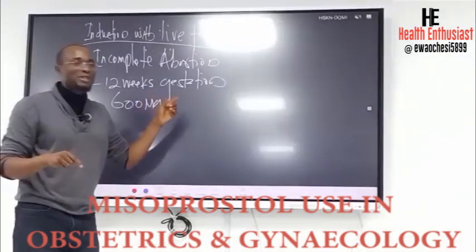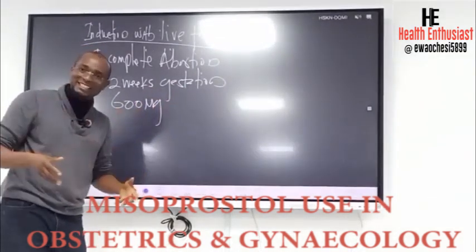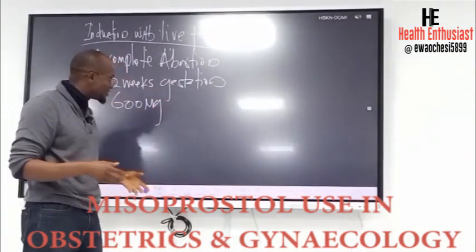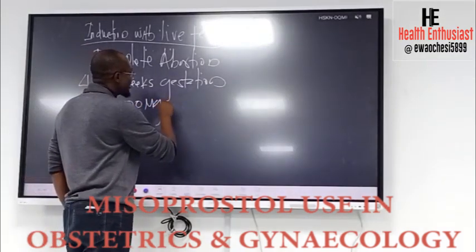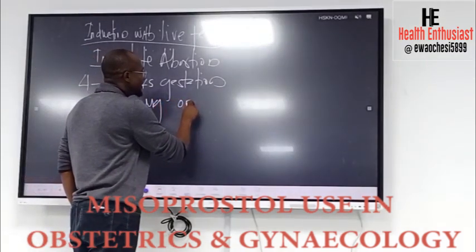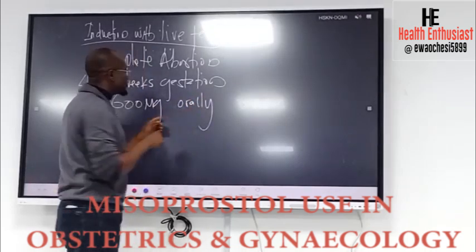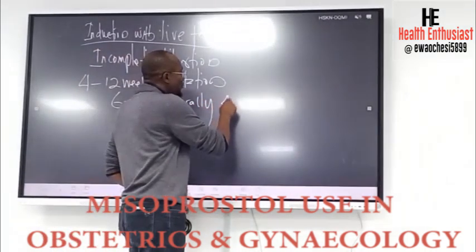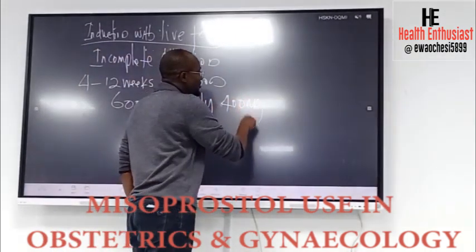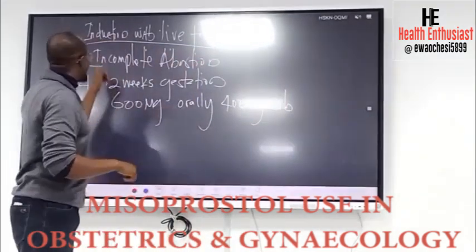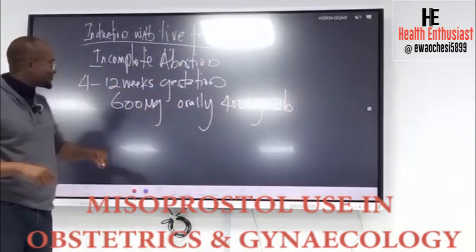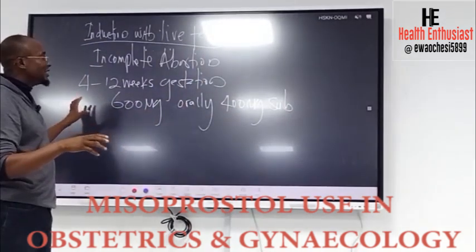Remember, in incomplete abortion, there is heavy bleeding. So you don't use the vaginal route, right? You can administer 600 microgram orally, or 400 microgram sublingually, right? This is what you use in incomplete abortion.